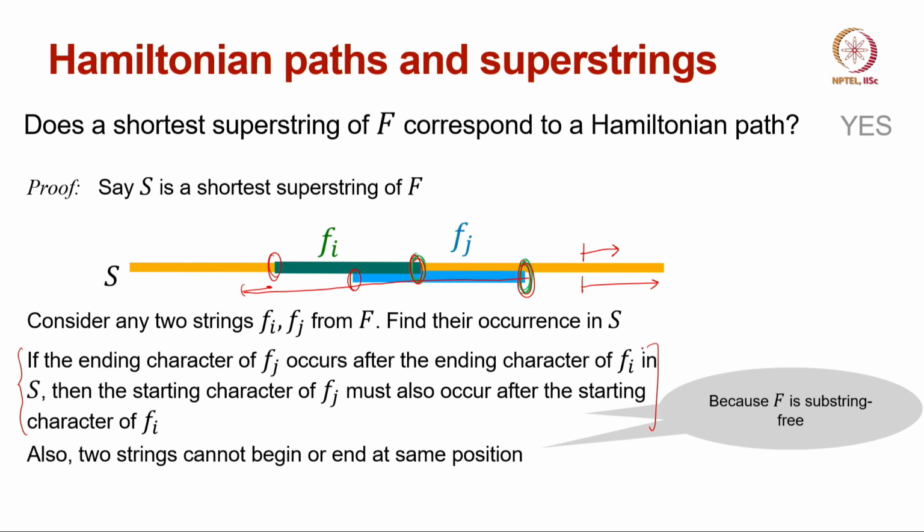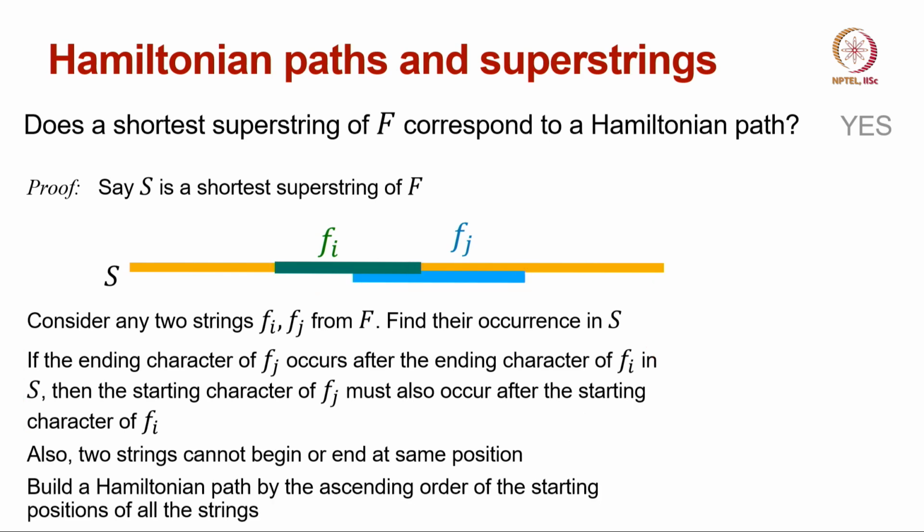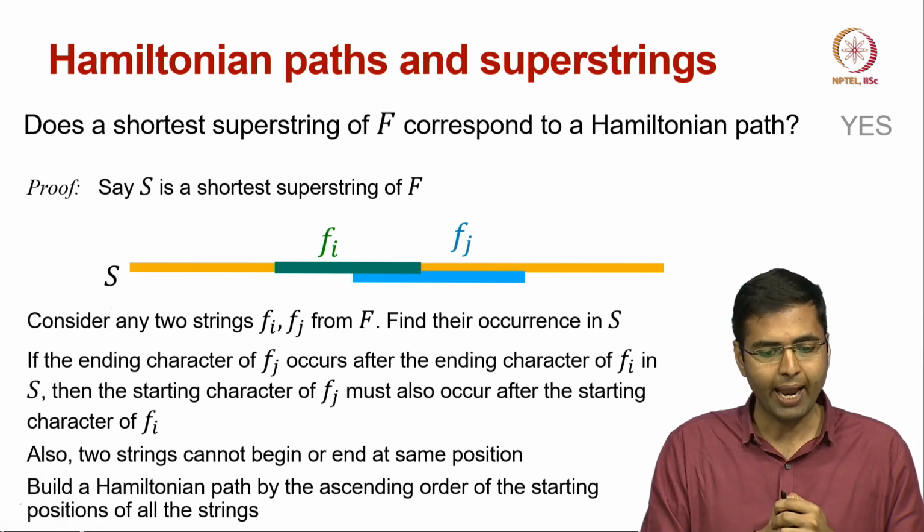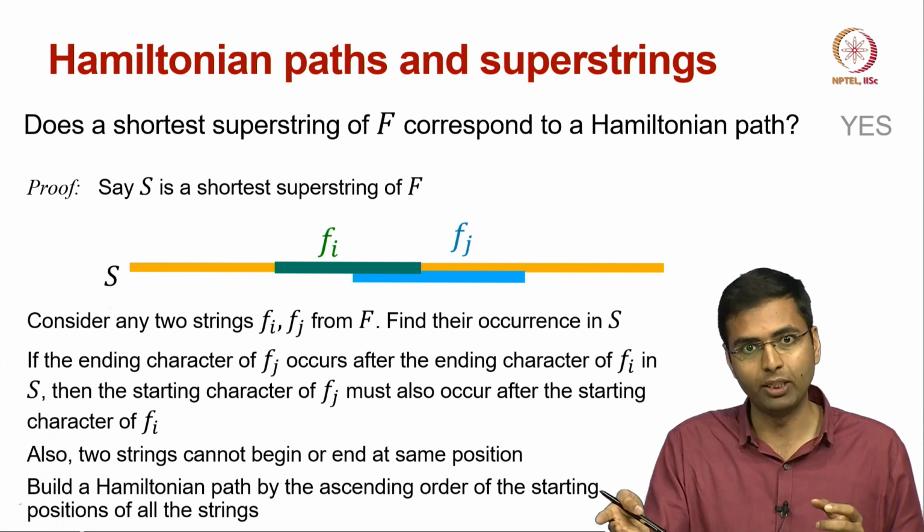Given these 2 properties, which are correct from the substring free property, we can build a Hamiltonian path very easily. We build a Hamiltonian path by the ascending order of the starting positions of all the strings. Because the starting positions are now well ordered, we can take one string at a time based on its starting position. In this example we will take Fi first and then Fj afterwards.